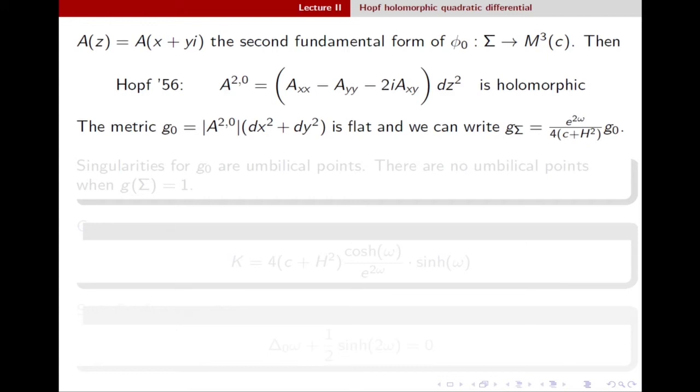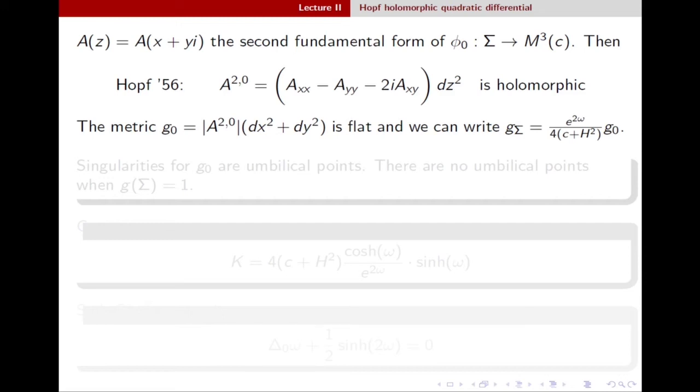So this comes from the Codazzi equations, right? And so that's a key property that you have for two-dimensional surfaces, and using that quadratic differential you can construct a flat metric on your surface by just taking the norm of this quadratic differential.